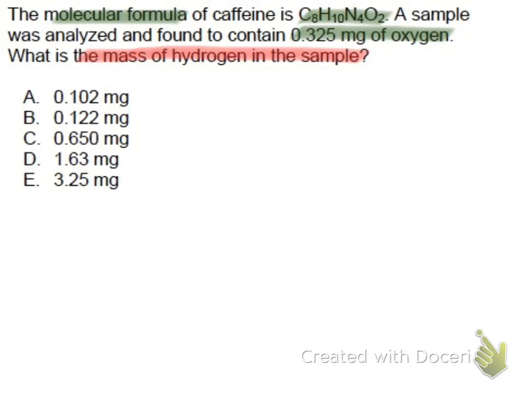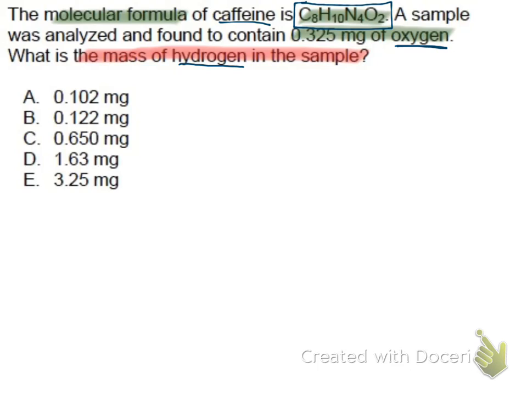Again, the key lies in the chemical formula. This chemical formula gives us all the information we need to know about how the atoms within our molecule of caffeine, what the ratio between those are, so that if I'm given any information about one of these atoms, like oxygen, I could convert that into information about any of the other atoms, like hydrogen.